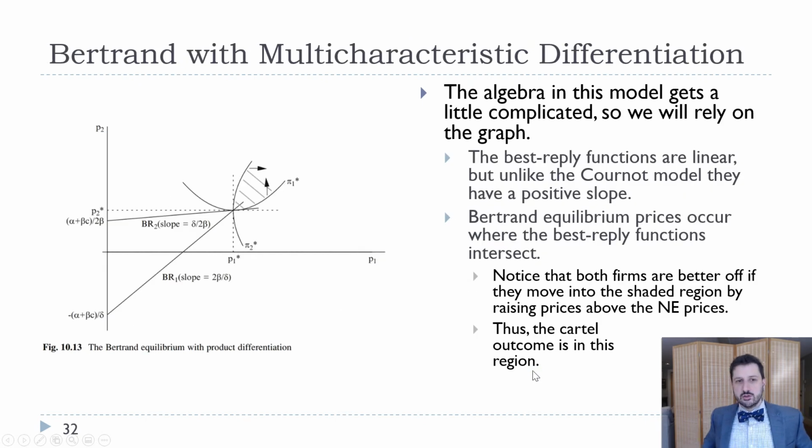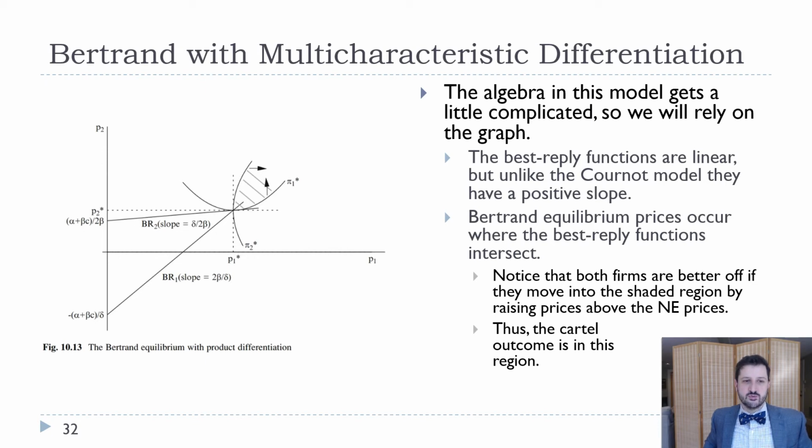Now, Bertrand with multi-characteristic differentiation is a little bit more complicated just because of the algebra. If you look in the book, you'll see they redefine some new terms, beta and delta. I'm not going to worry about that too much. We'll see the solutions with our normal terms in the next slide. What we really want to focus on is the best response functions.